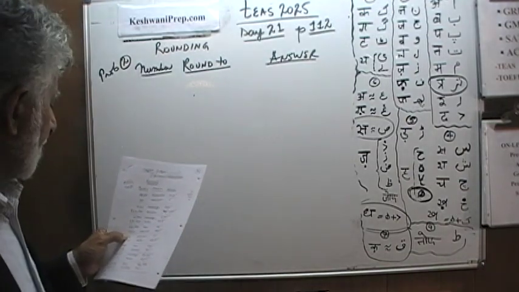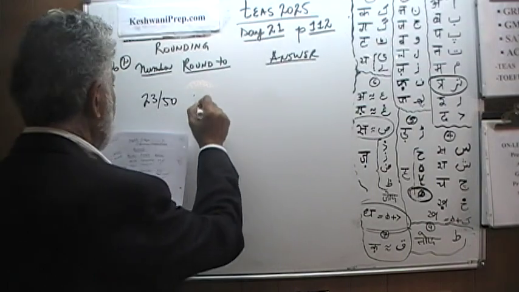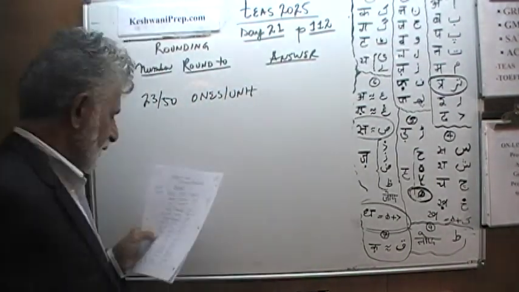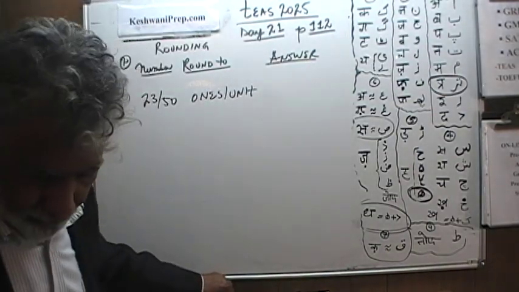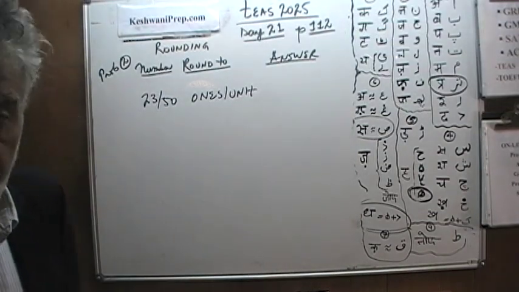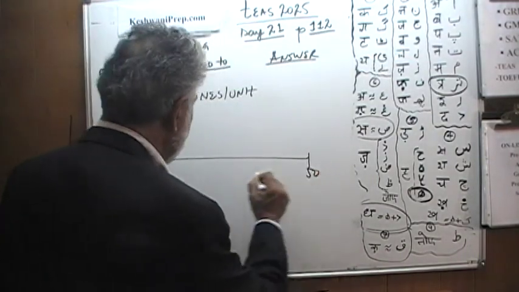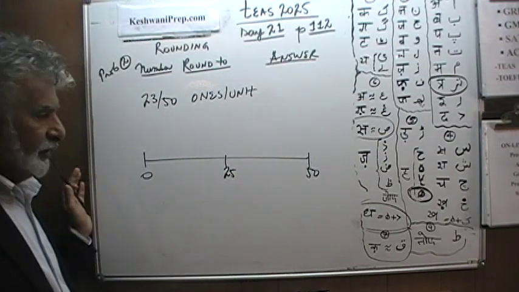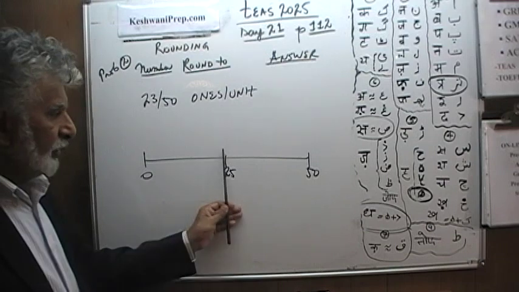23 divided by 50, and we are asked to round it to the nearest ones or unit digit. So let's see what we can do. Here we are dividing into 50 equal parts, so you draw your line from 0 to 50, and you ask yourself, what's the halfway mark? The halfway mark is 25. Is 23 to the left or to the right of this?